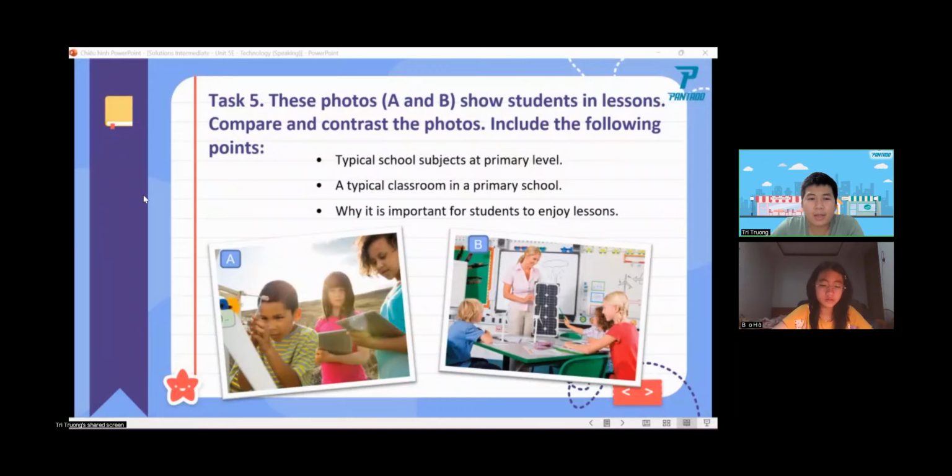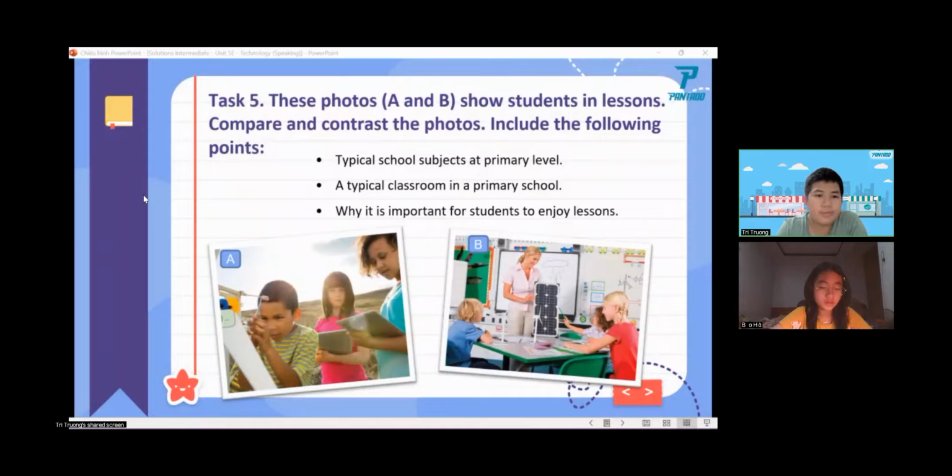On the other hand, however, students that do not enjoy the lesson will not apply what they have been taught and maybe get a lower score compared to the top students. So when you're using "on the other hand, however," you can make a contrast between two groups, okay?